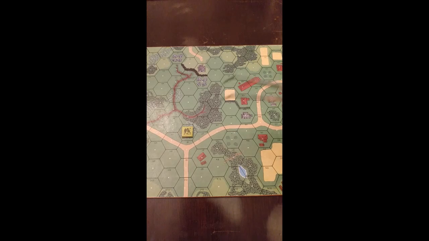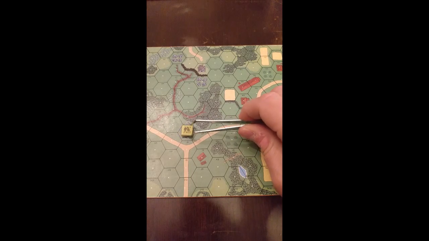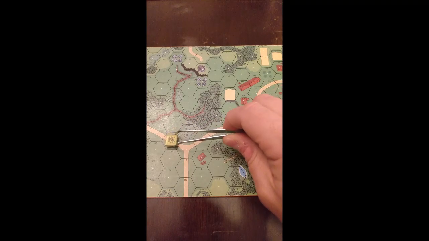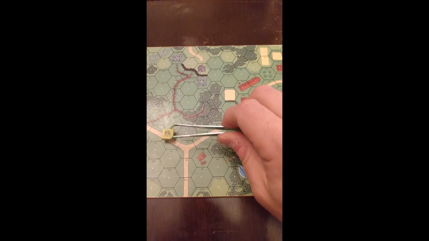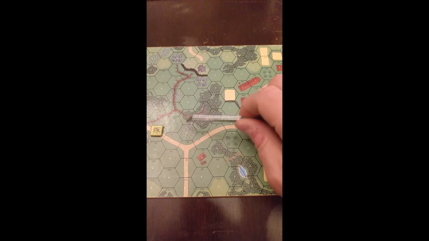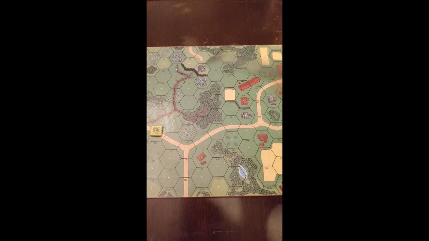Then if we were going to move to H7, it's no elevation change and it's clear terrain, so that's 1 movement factor. And then if we go to G7 along this road, it's another movement factor. So we've gone 4, 5, 6. That would end our movement phase.